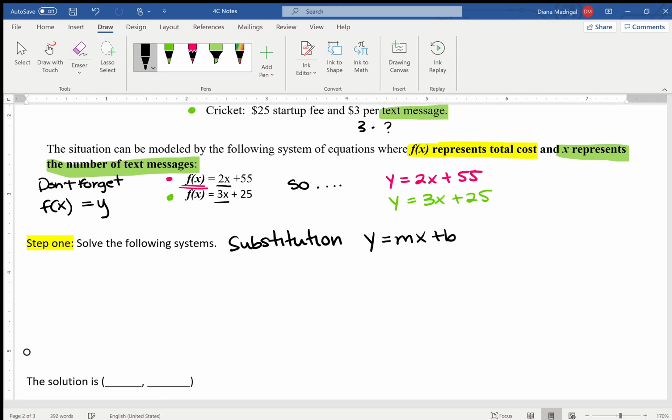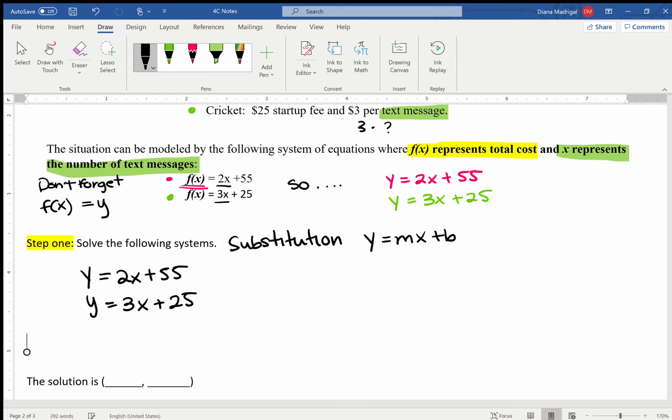If you look at both of the equations, they are in slope-intercept form: y equals 2x plus 55 and y equals 3x plus 25. That means I can use substitution to solve this. Let me write the equations down here. y equals 2x plus 55.